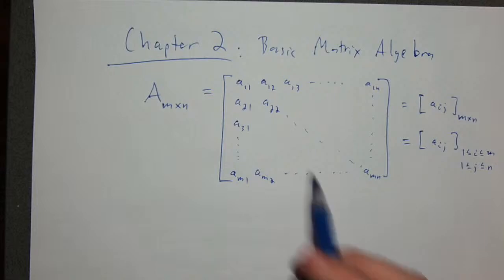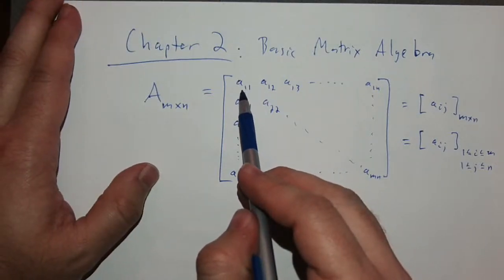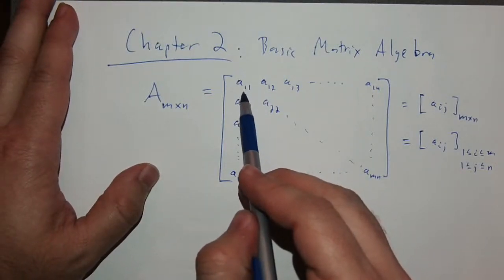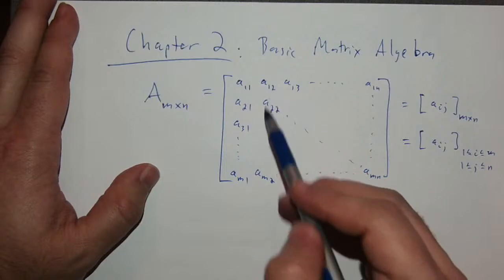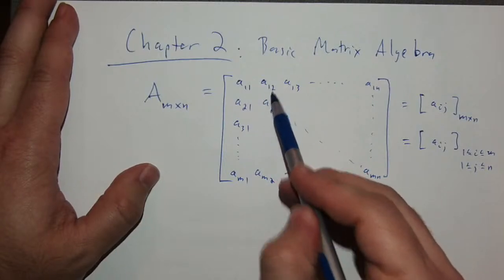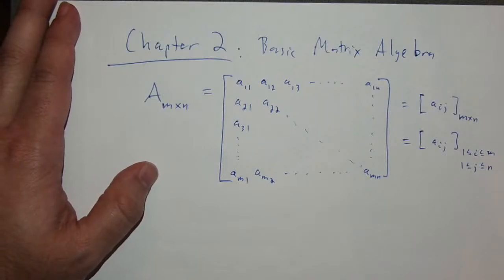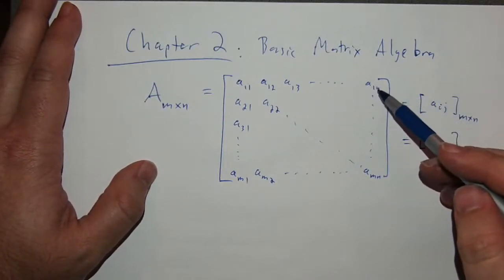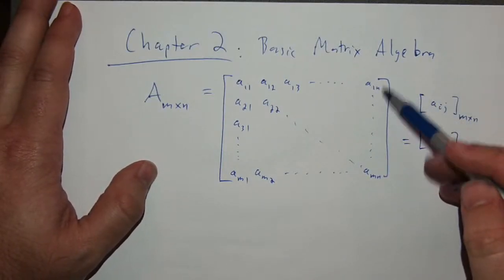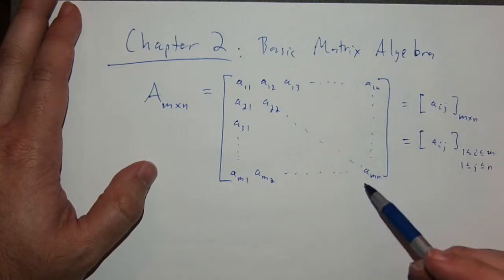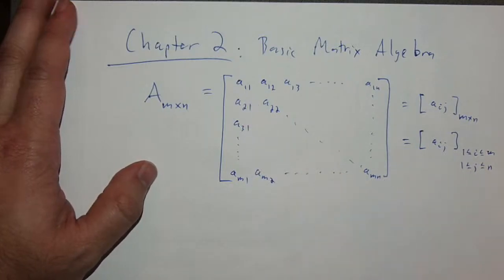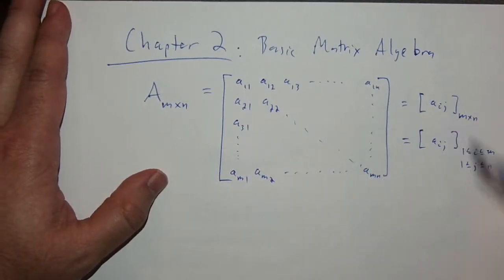You've seen this before. A sub 11 means it is the entry in the first row, first column. A sub 12 is the entry in the first row, second column. A sub 13 is the entry in the first row, third column, and so on. So A sub 1n is the entry in the first row, nth column. A sub mn then is the entry in the mth row and the nth column. So this is the ijth entry.